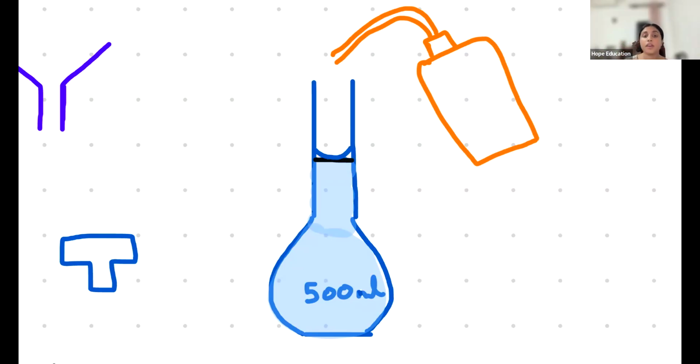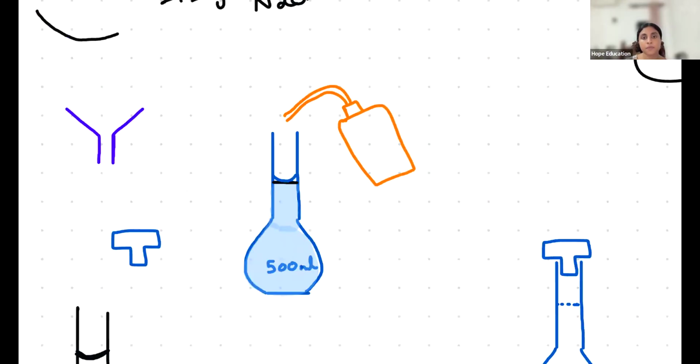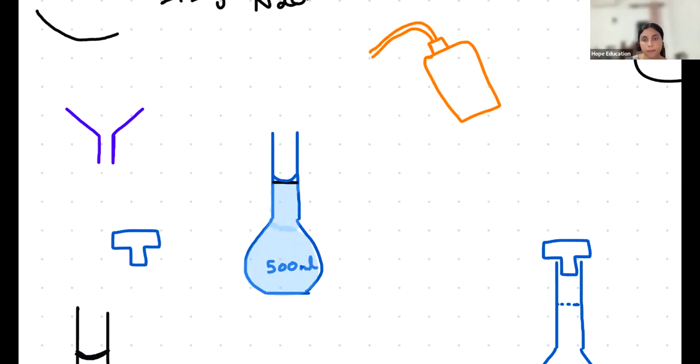And also, when you're filling, you have to make sure that you are looking at this at the eye level. මෙන්න මේ eye level එකේ මෙහෙම බලන්න ඕනේ. උඩින් බැලුවොත් ඔයා වැරදි විදිහට fill කරන්න. යටින් බැලුවොත් ඔයා වැරදි විදිහට fill කරන්න.